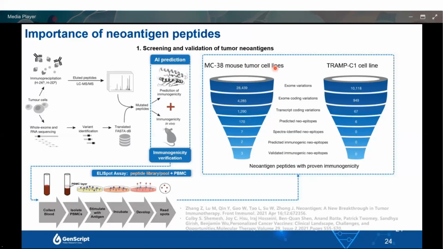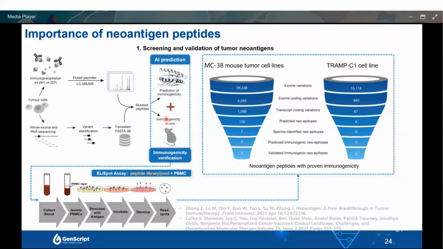The purpose is to screen from tens of thousands of neoantigens to find the validated ones. So maybe only three were validated finally.